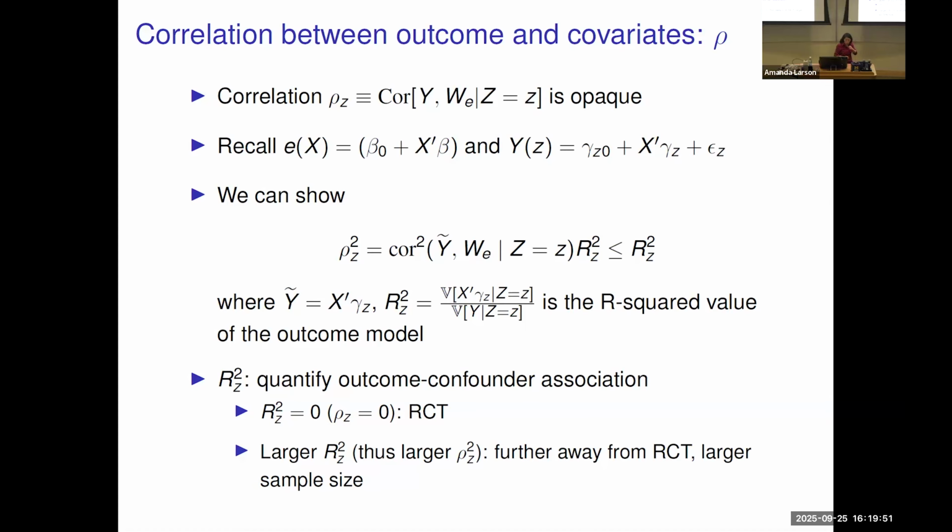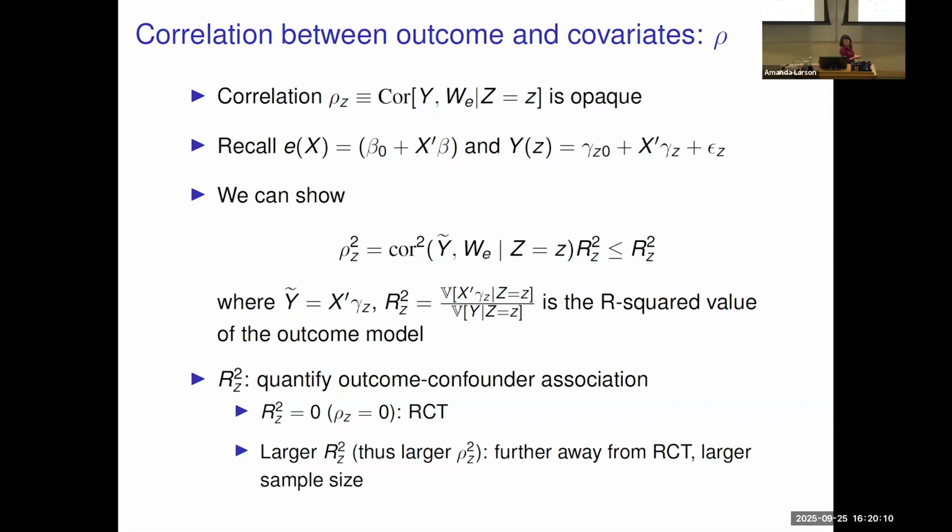So again, the insight we get from this simple inequality is that it tells us how X predicts your Y, and this is precisely the outcome confounder association.